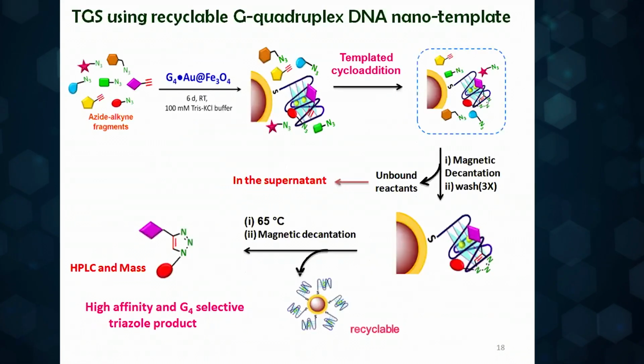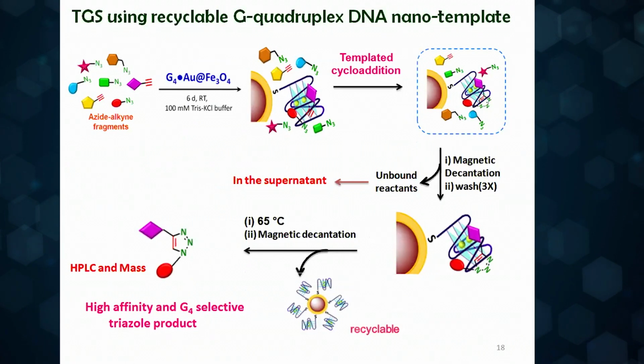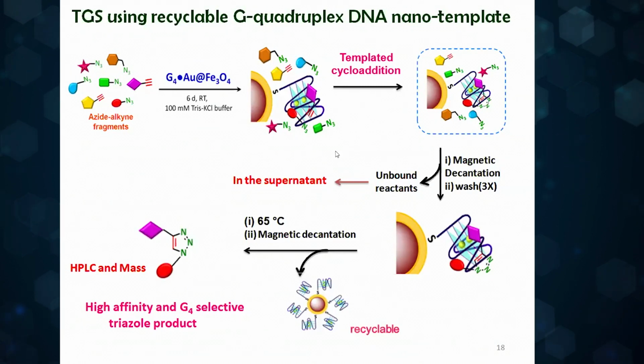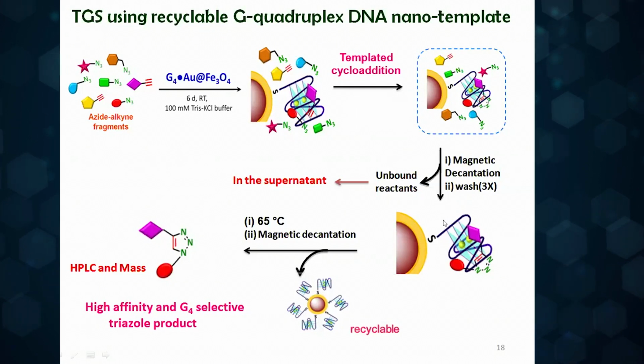So in our approach, we used a mixture of alkyne and azide fragments, which were incubated in the presence of the quadruplex nanotemplate. Then, after giving sufficient reaction time, we used an external magnet to isolate the DNA nanotemplate along with the newly formed triazole products.